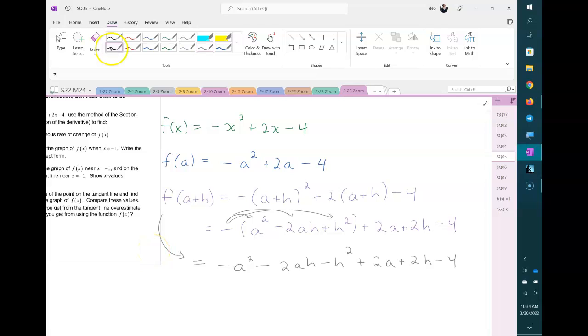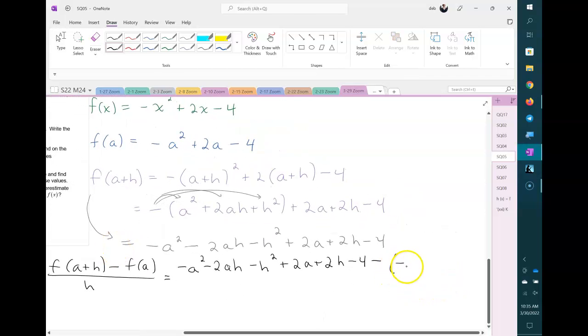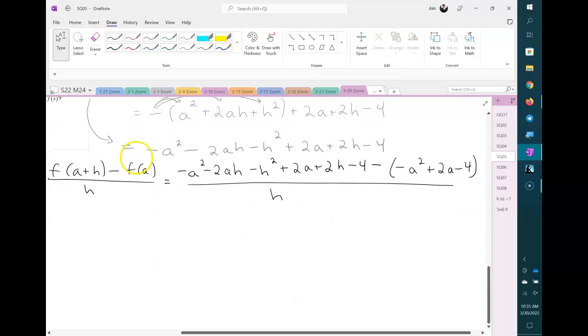So now the difference quotient says do the f of a plus h that you just found, subtract off f of a, and divide all that by h. So I'm going to have negative a squared minus 2ah minus h squared plus 2a plus 2h minus 4, minus (negative a squared plus 2a minus 4), all over h.